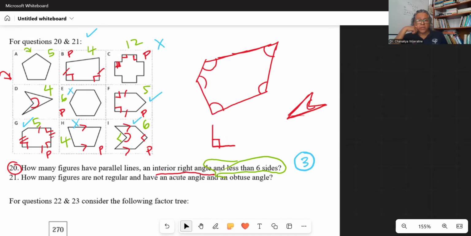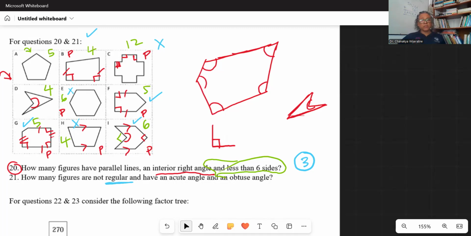How many figures are not regular and have an acute angle and an obtuse angle? Regular means the shape is regular: the interior angles are all the same in degree measure, and the sides all have the same length. That's a regular shape, right?